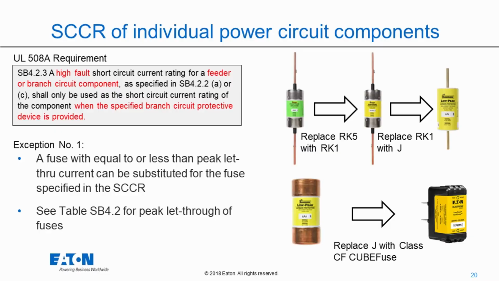There are reasons the cube fuse is usually smaller and touch safe, and reasons you might want to use that instead of the class J. A lot of components are only listed with class J, but this permits you to use a cube fuse instead. It would also permit you to use something like a class CC fuse instead. Something, again, smaller, less expensive. It only goes up to 30 amps, but if something's listed with a 20 amp class J and you want to use 20 amp class CC, you can do that per this exception. So, equal or less than peak let-through current.